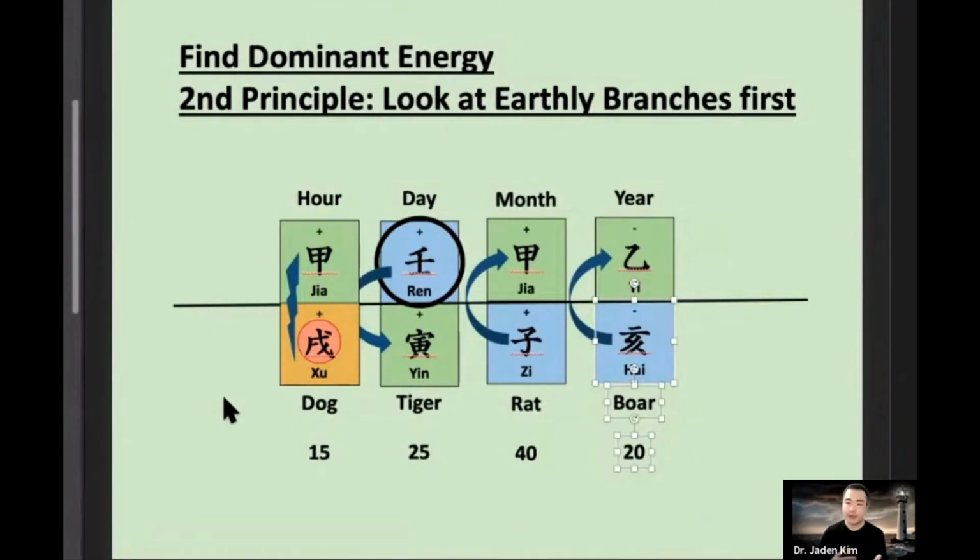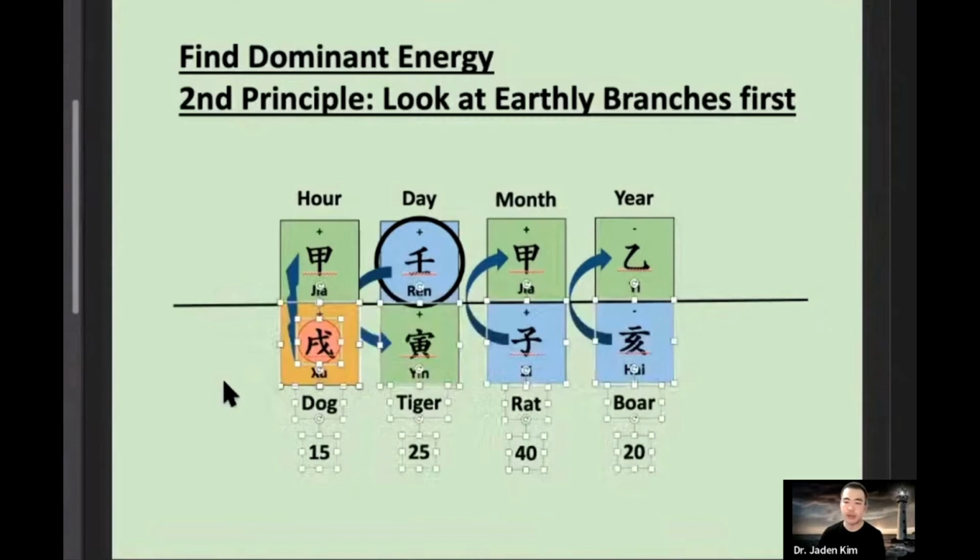Then I try to generate around the characters and try to control, but that's a little more advanced level. For now, do not count: there are 1, 2, 3, 4 wood, and 3 water, so the dominant energy might be wood. Don't try to do that.